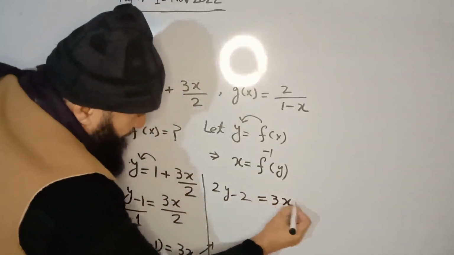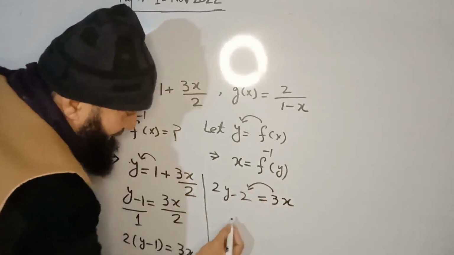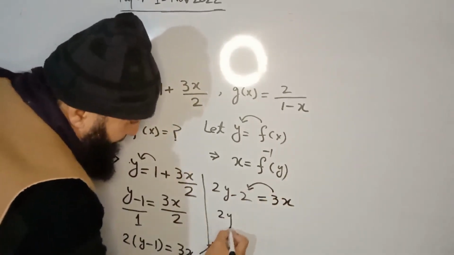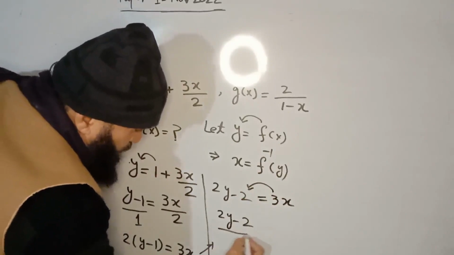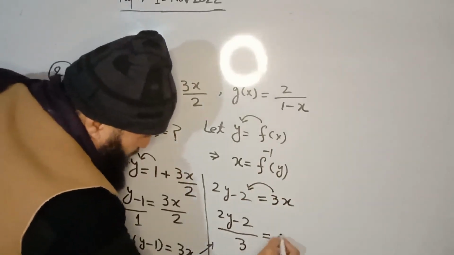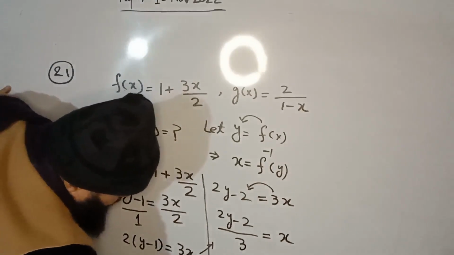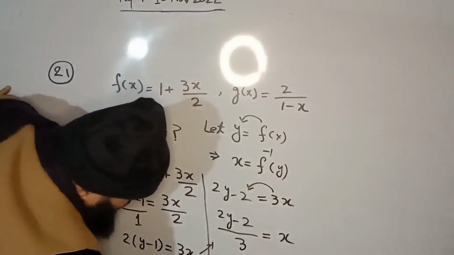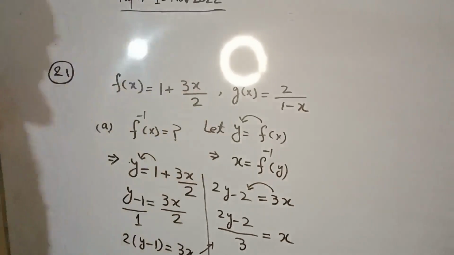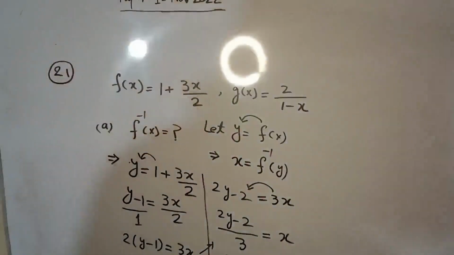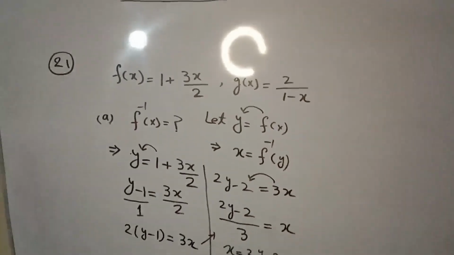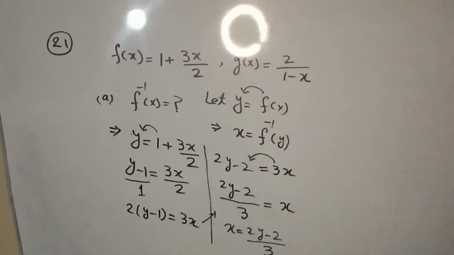If we shift 3 here, it will be divided, so we get 2y minus 2 over 3 is equal to x, or we can write x is equal to 2y minus 2 over 3. This is x, and we know that x is equal to f inverse of y.